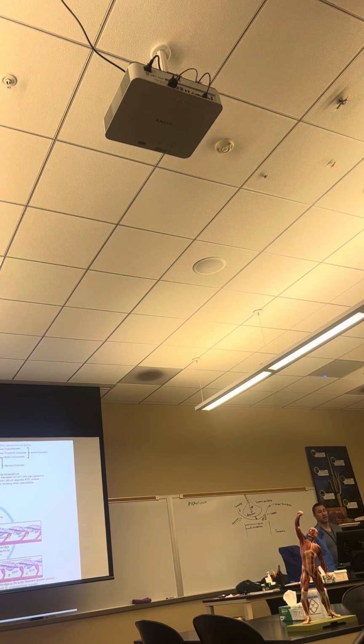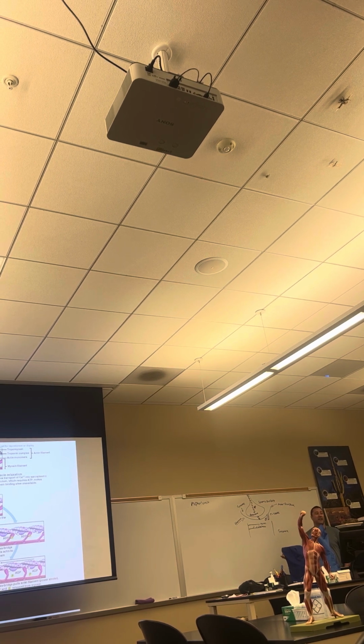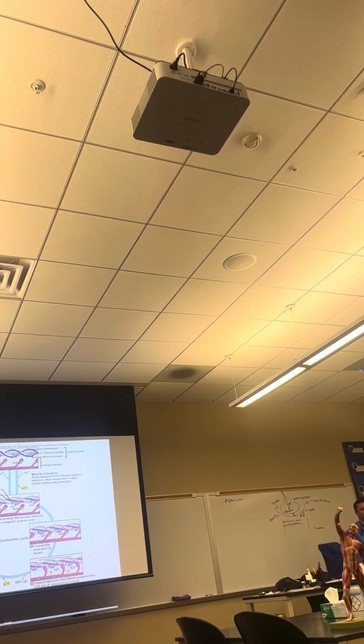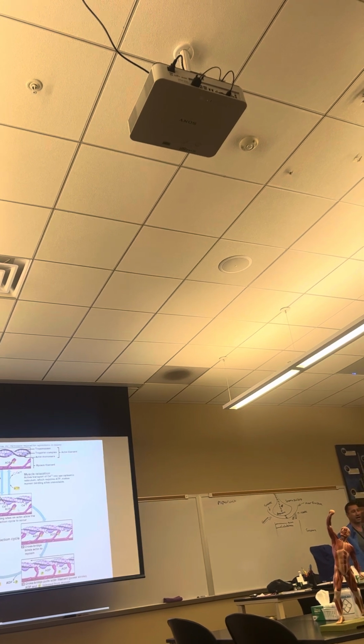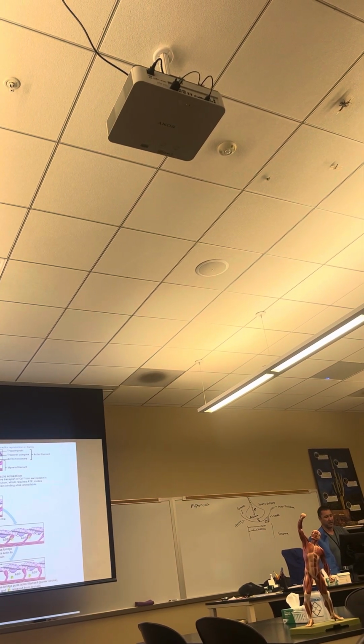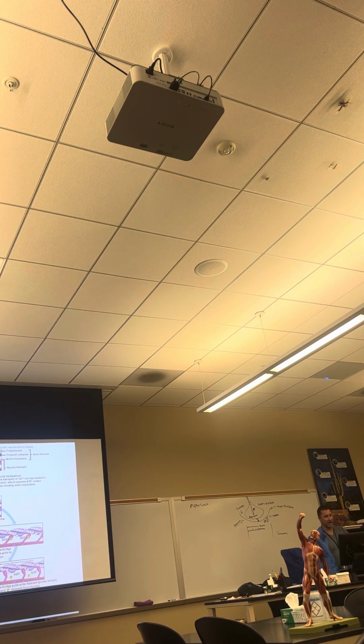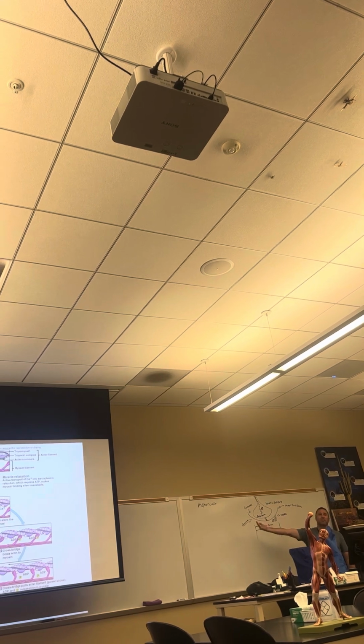So calcium goes into the individual sarcomere and connects to the troponin-tropomyosin complex, exposing the myosin binding site. The myosin head, which has already been stretched into an activated position because it took ATP and hydrolyzed it into ADP, connects to the myosin binding site. There's then what's called a power stroke.